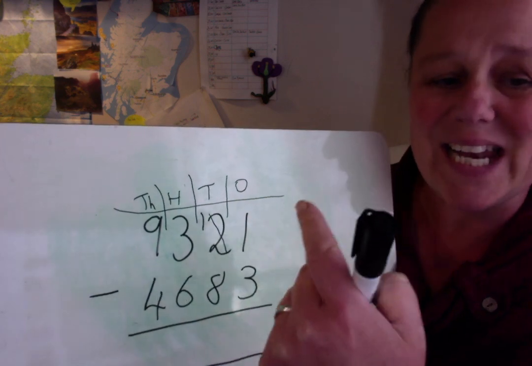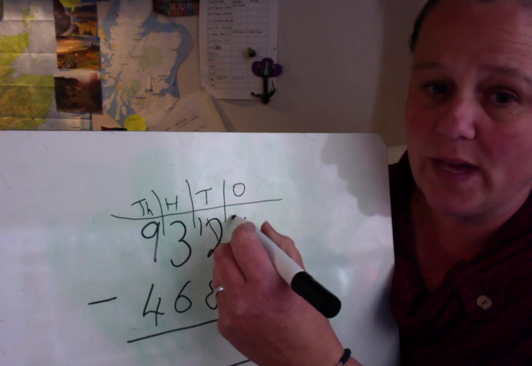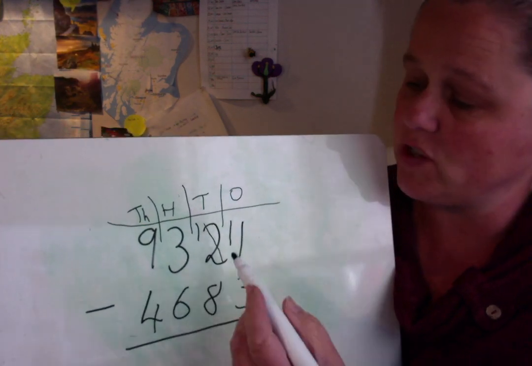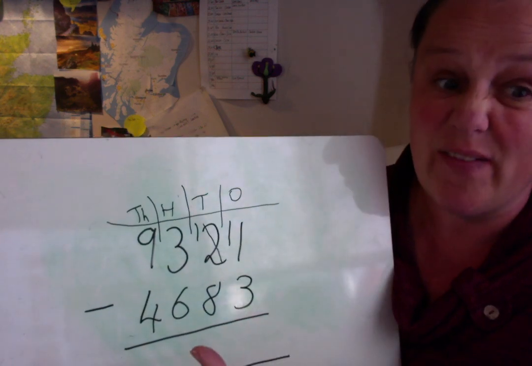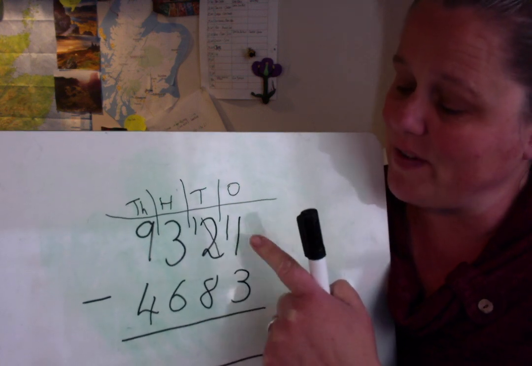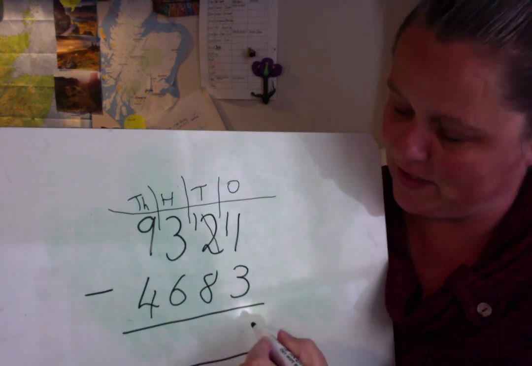And that 1 ten makes 10 ones. So when I put that there, I now have 11. I've exchanged 1 ten for 10 ones. I already had 1 one, so now I have 11 ones. Now I can do my calculation. So 11 take away 3 is 8.